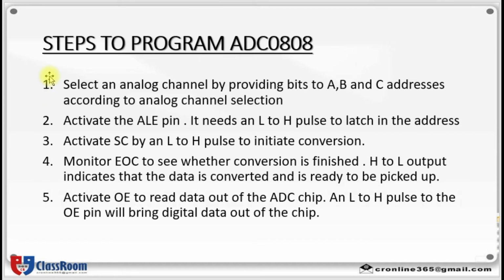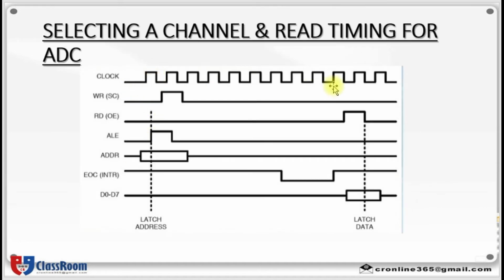Then the steps to program ADC 0808. First, as I have already told you, you have to select an analog channel by providing bits to the A, B and C addresses according to analog channel selection. Then you have to activate the ALE pin. Here you can see the clock pulse provided.